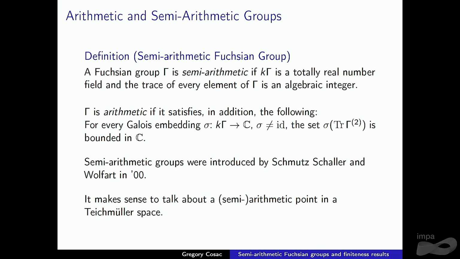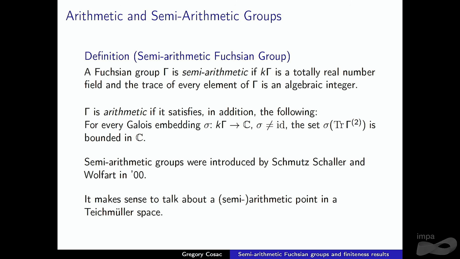And let me just observe here that it makes sense to talk about arithmetic or semi-arithmetic points of a Teichmüller space, because one way to define a Teichmüller space is to look at homomorphisms of your group, like different ways to embed your group inside PSL2R.